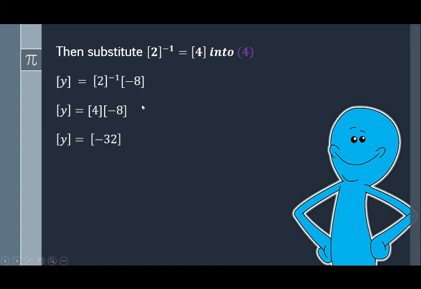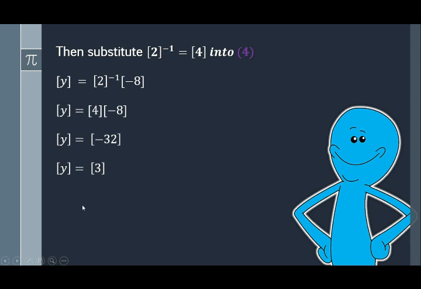We are looking for the smallest positive number, so we can keep on adding 7 until we get the first positive number, and that first positive number will be our answer. So if we keep on adding 7, we're going to end up getting 3. Therefore the congruence class of y is equal to 3.